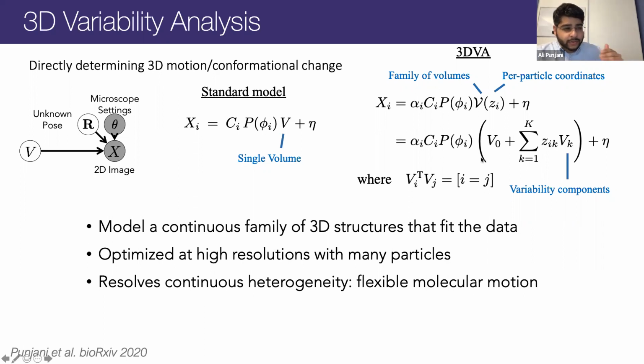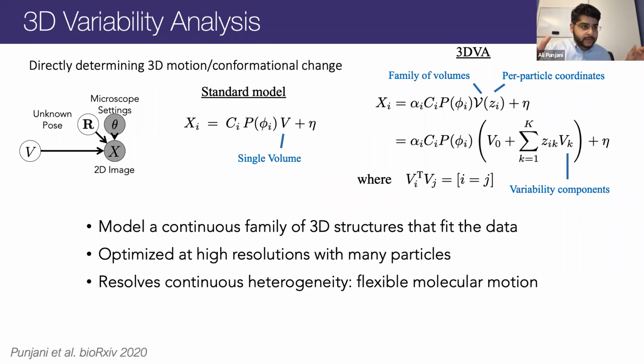And what we're trying to do here, what the family is trying to represent in a simple way, is this notion of a continuous manifold of 3D structures that could be present in the image data, instead of just a static structure. And instead of just a small number of discrete structures, we can now represent a continuous family.